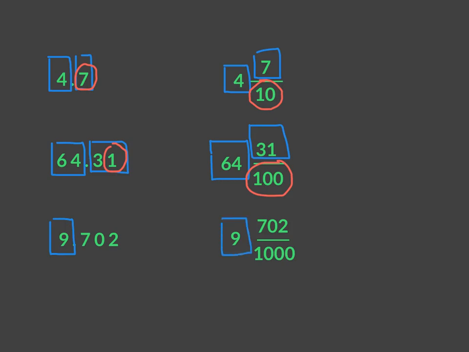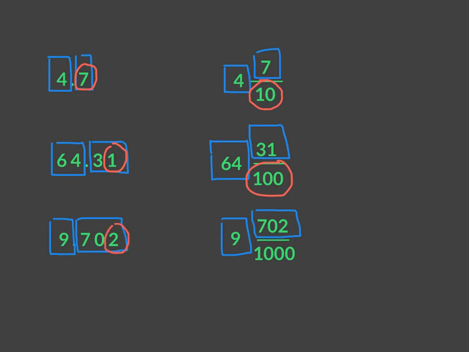In our final example, we look at the number to the left of the decimal, the 9, as our whole number. The number to the right of the decimal, 702, becomes our numerator. To determine the denominator, look at the digit to the far right.